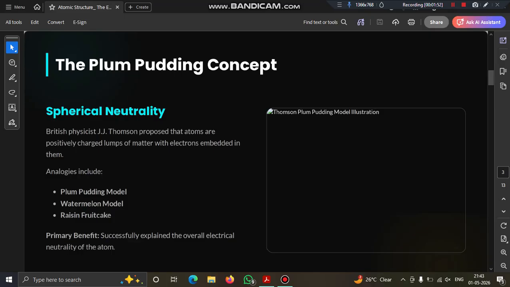Electrons are negatively charged and are embedded inside, like the seeds present inside the red part of a watermelon. The seeds here are the electrons.